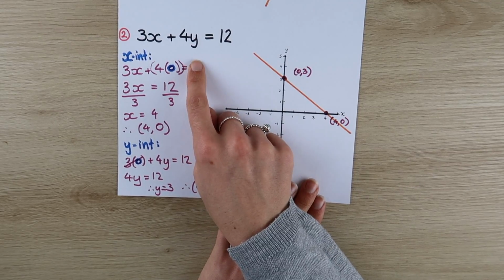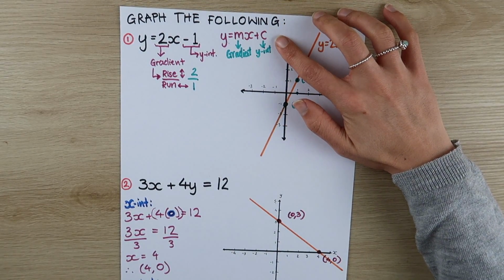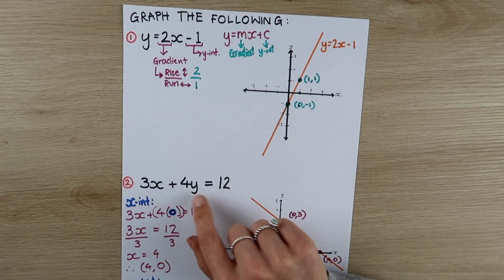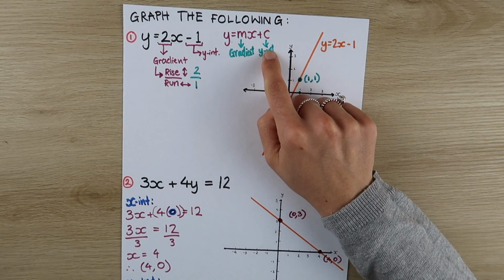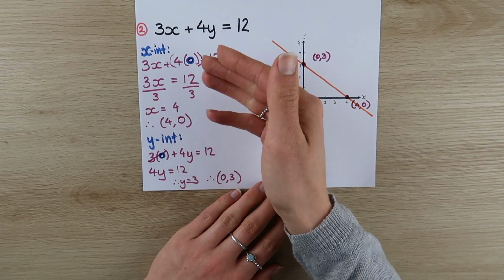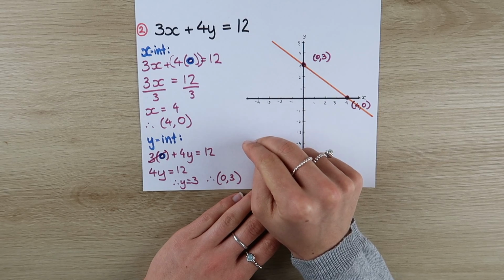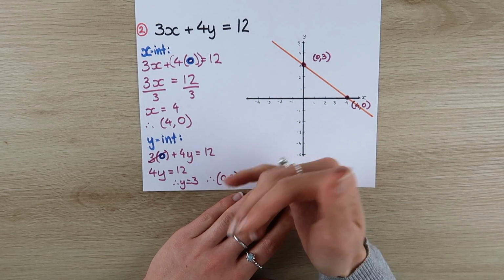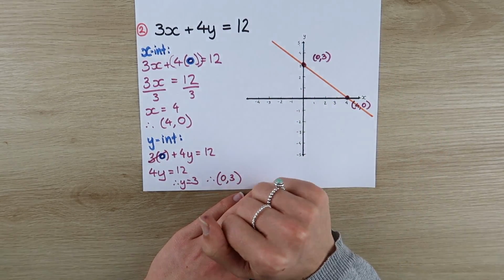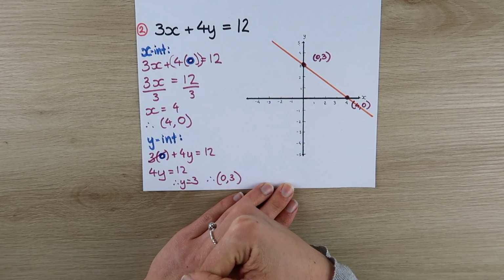In this example, I could have rearranged and then put it in this form where I had y by itself, something multiplied by x, and then a constant on its own. However, as you noticed, it was much easier to just sub in 0 for both x and y. So it really depends what your strengths are, as well as what you notice being the quickest or easiest way when you're working it out.